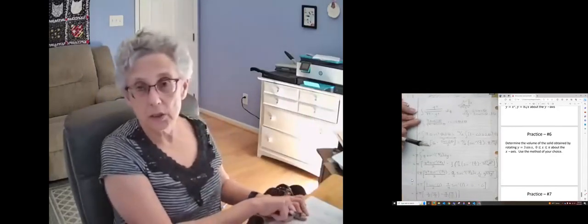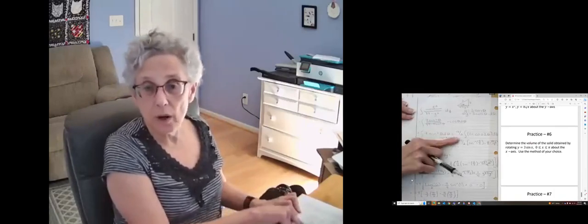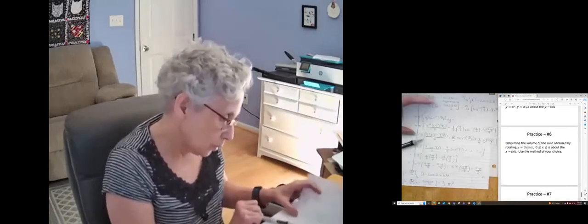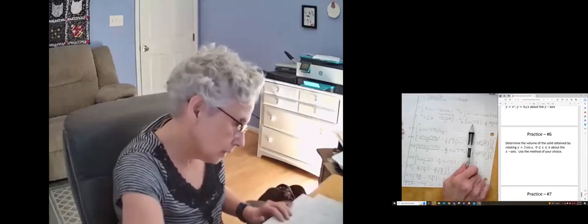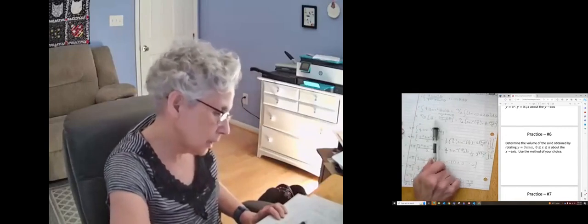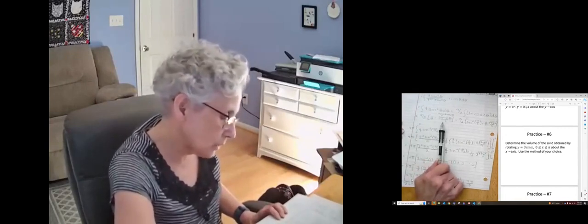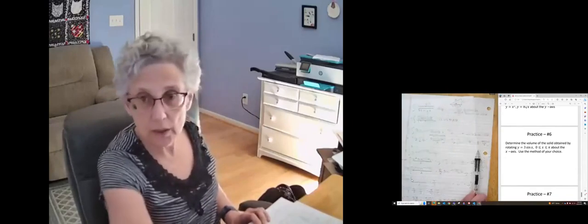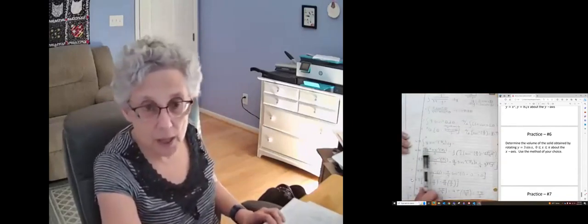So I did the trig substitution with y equals 3 sine theta. I ended up with 9 halves of the inverse sine of y over 3, which was theta, sine of 2 theta over 2, which is 2 sine theta cosine theta. So I used my triangle and figured those out.